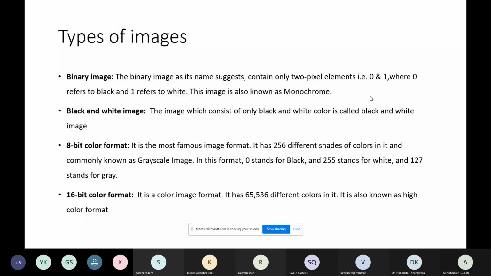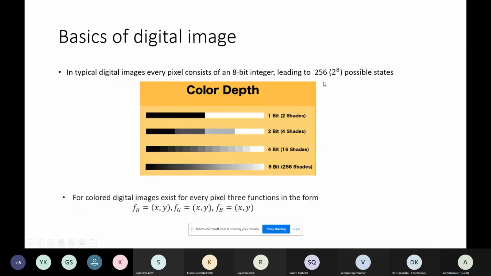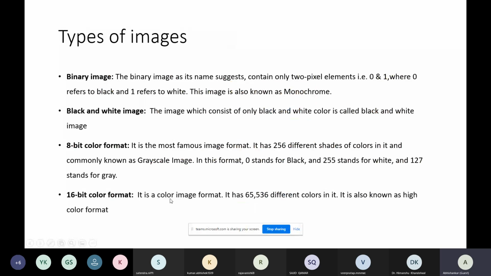We had the formula: 8-bit has 2 to the power 8, so 16-bit will have 2 to the power 16, correct? If you do that calculation, it comes to 65,536 different shades. But mostly we use the 8-bit color format.